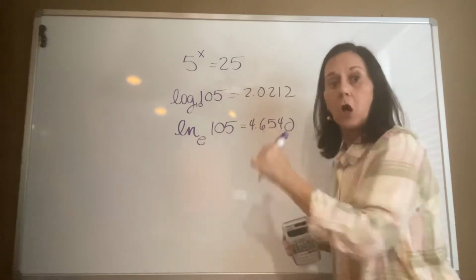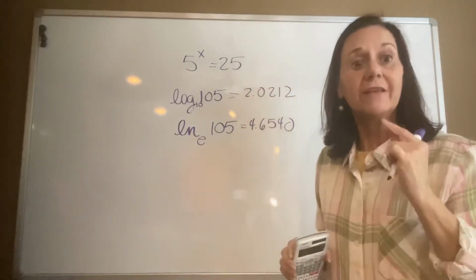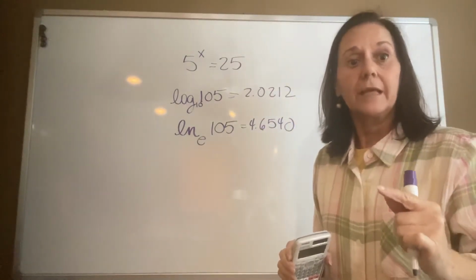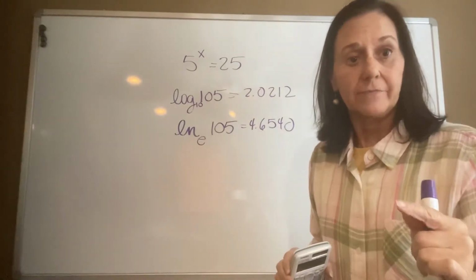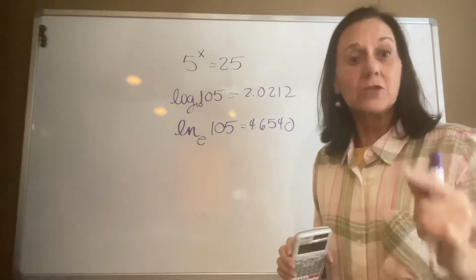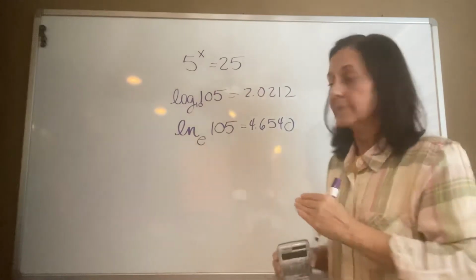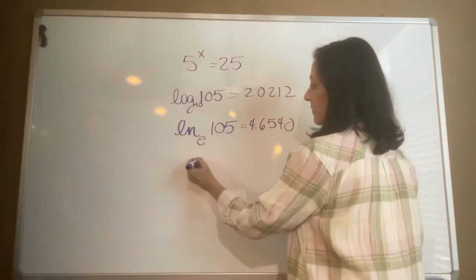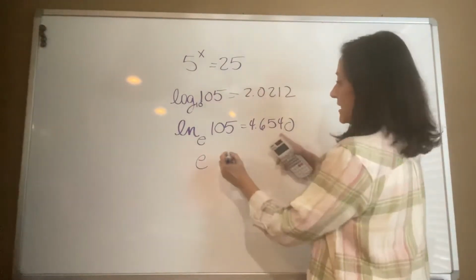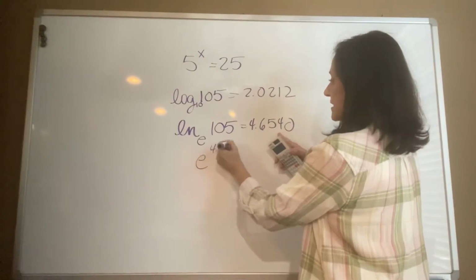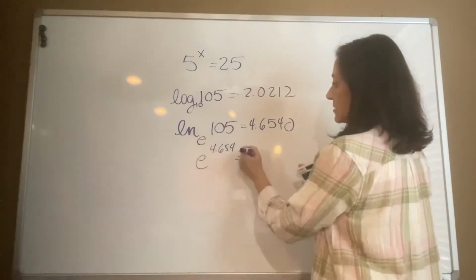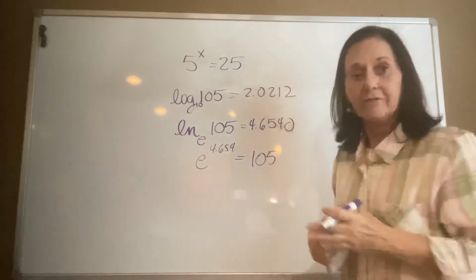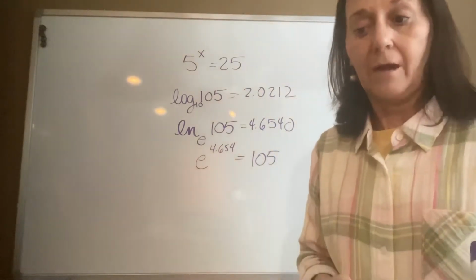Okay? I'm going to write this in exponential form. So my base is e. My exponent is 4.654, and it equals the anti-log, 105. Okay?